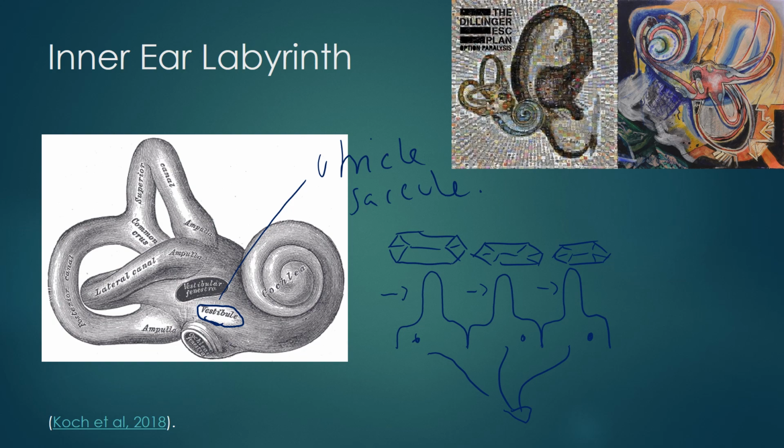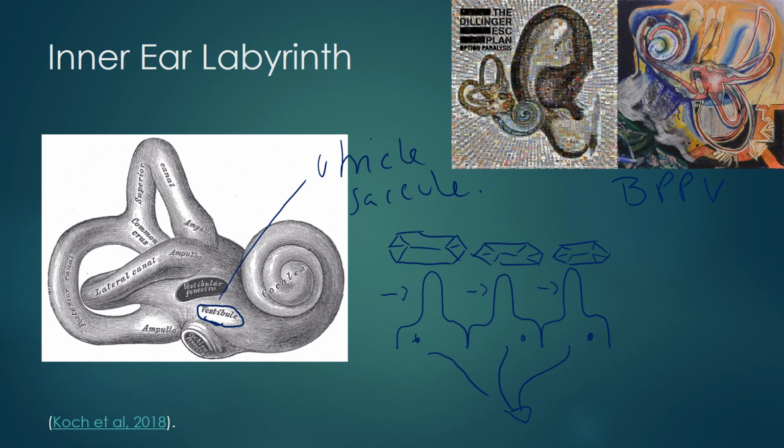If they find their way into one of the semicircular canals where they're not really supposed to be, they can contribute to the semicircular canal telling our brains that our heads are moving even though they're not, and so people experience that as vertigo, and that's a specific type of vertigo referred to as BPPV.